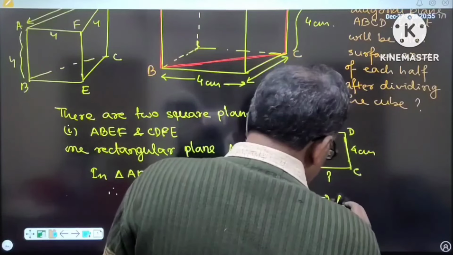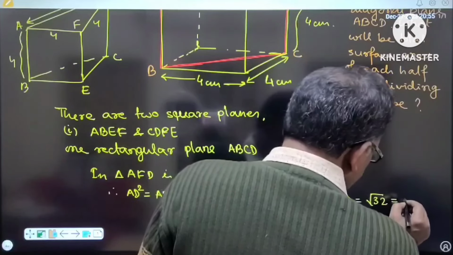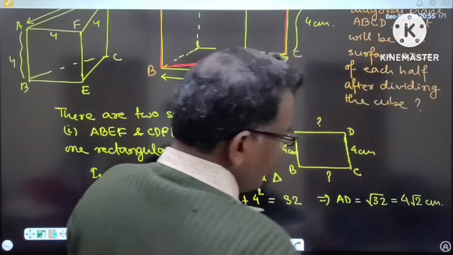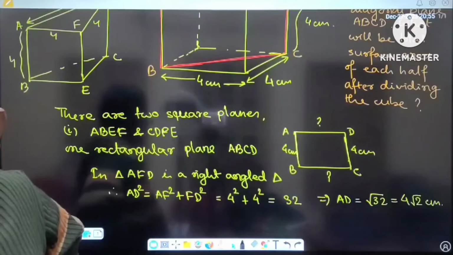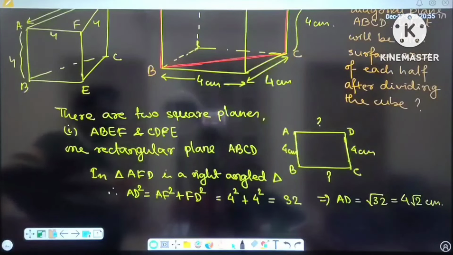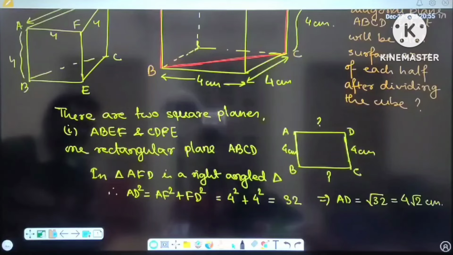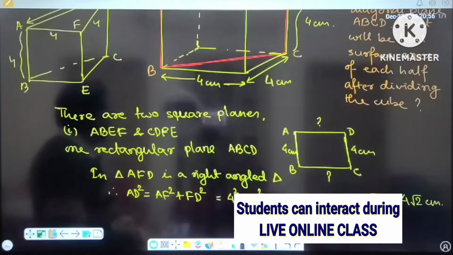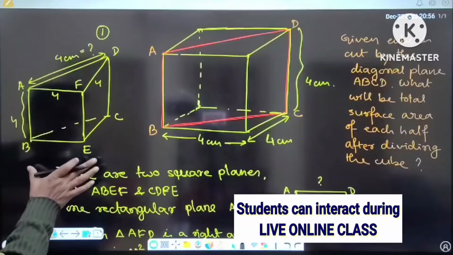So AD will be equal to root under 32, which is 4 root 2 centimeter. 32 can be written as 16 into 2. 16 can be taken out as its square root is 4. So it is lengthwise 4 root 2 centimeter. Are you getting me or not? So that's why ABCD is not a square. Is it okay?